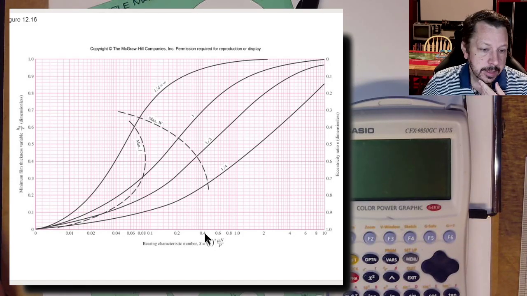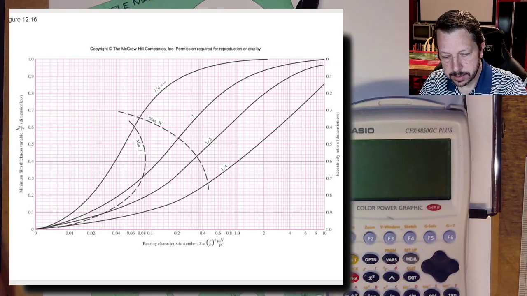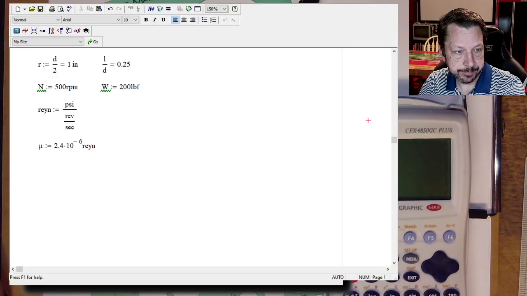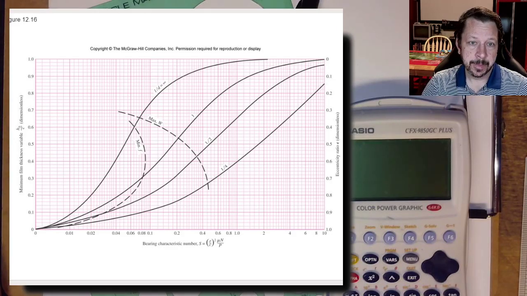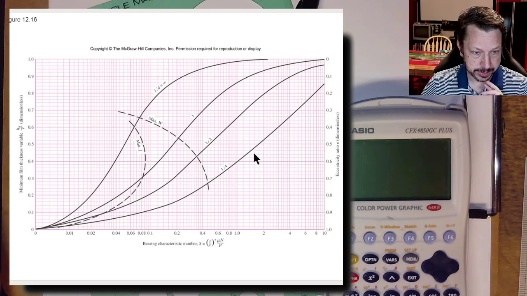So what we've got here are 4 traces. These are the L over D. We calculated in our Mathcad sheet that L over D was 0.25, so that's this 1/4 line. This trace down here governs our situation.